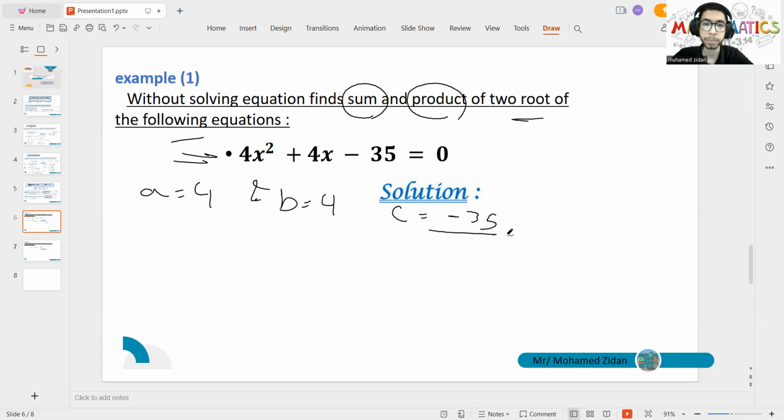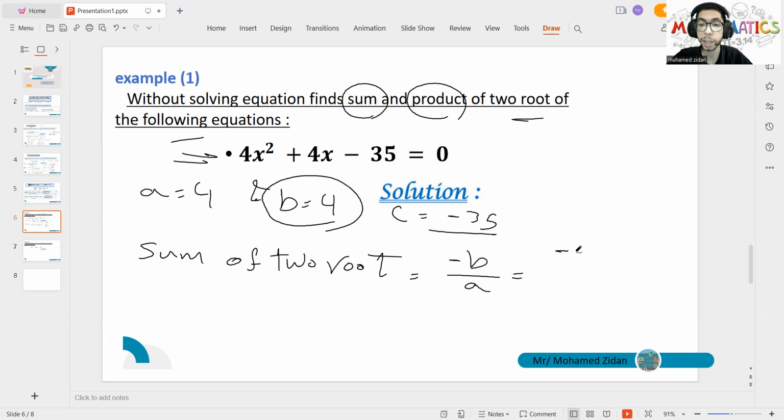To find the sum of two roots, it equals negative b over a, negative b, which is negative 4, over a, which is 4. Negative 4 over 4 is negative 1. Then the sum of two roots is negative 1.